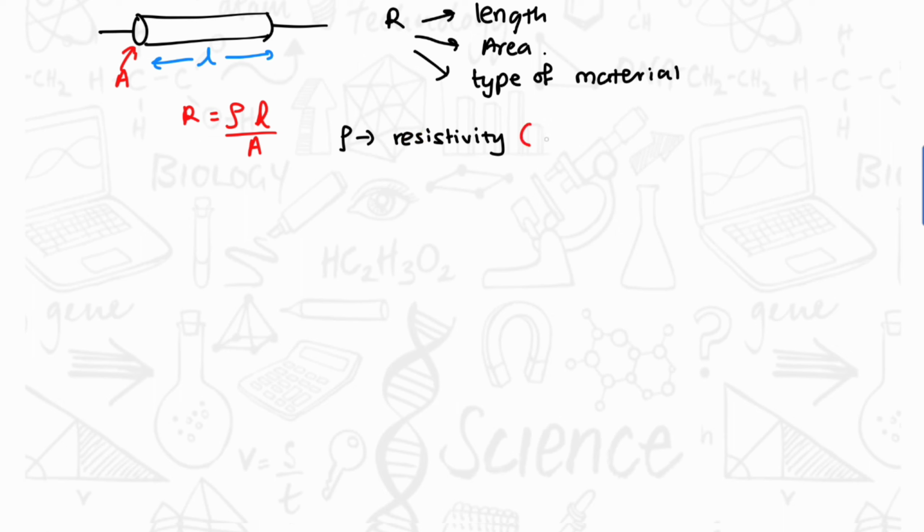The units of resistivity is ohm meters, and L is the length of the conductor. The units will be meters, and A is the cross-sectional area.